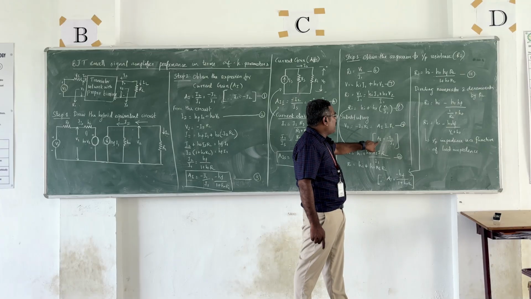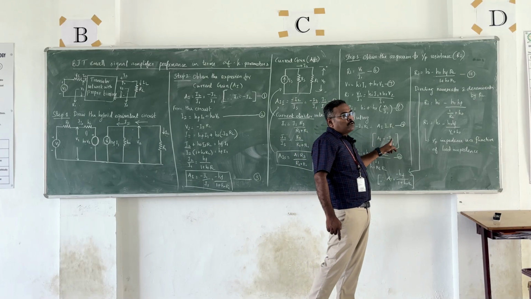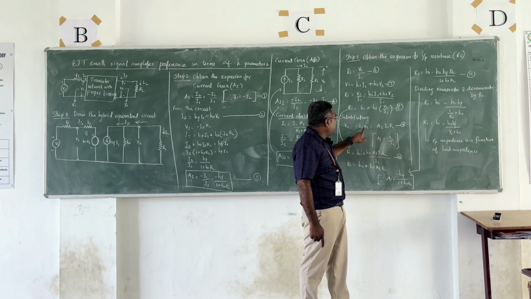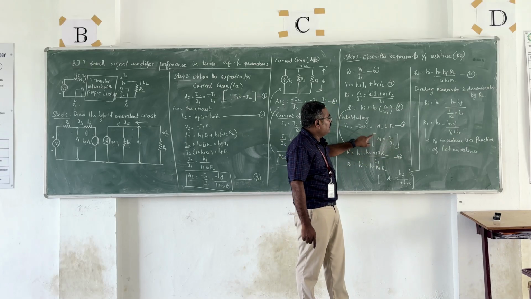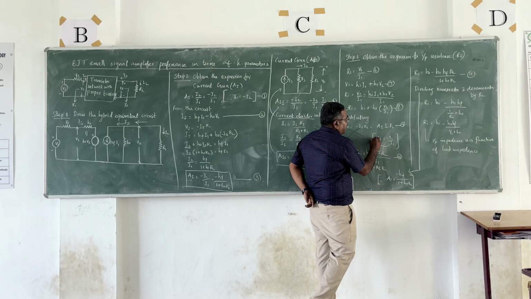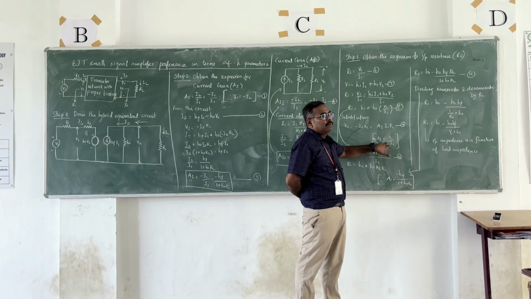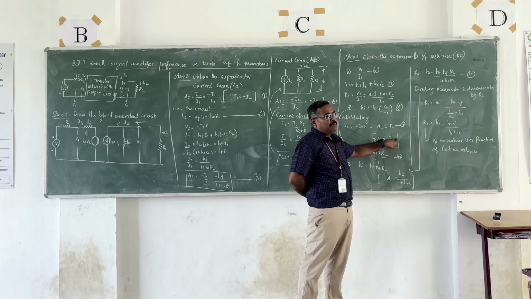In your formula, AI is equal to minus I2 divided by I1. So in the equation, if you multiply by I1, I1 into AI is equal to minus I2. Moving this, AI into I1 is equal to minus I2.